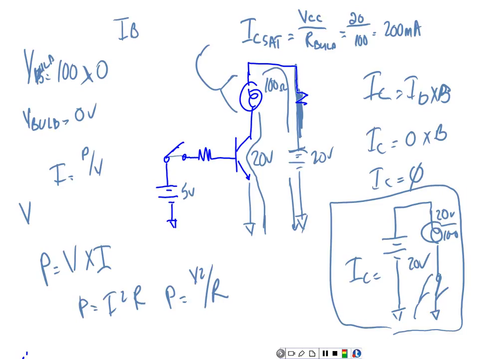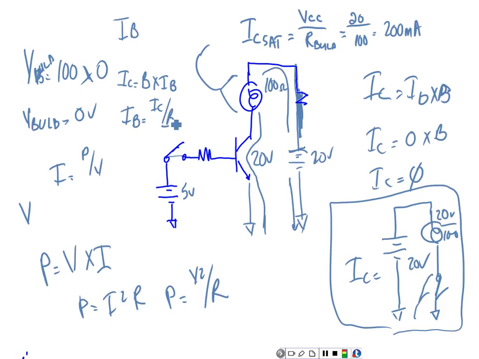No, we don't know the size of the resistor. I know that IC is equal to beta times IB. So what would IB equal? Good. So IC over beta.